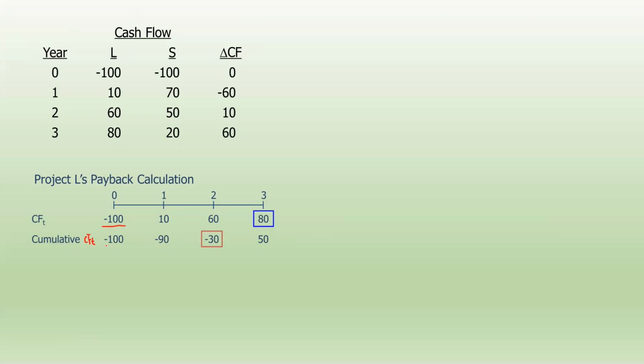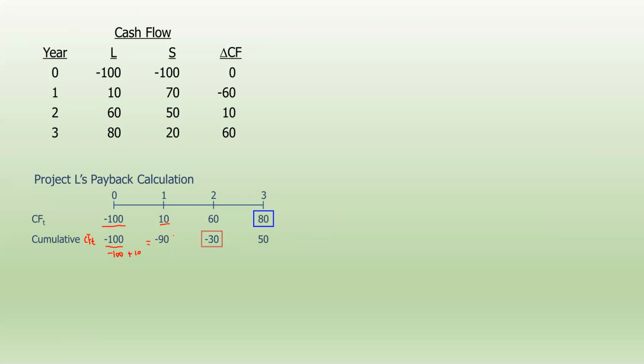At t equal to 0, we spend $100, so it's negative 100, meaning $100 cash outflow. At t equal to 1, because we receive $10, the cumulative cash flow is negative 100 plus 10, which equals negative $90. It means at the end of year 1, we are still out $90 because we've collected $10 back.